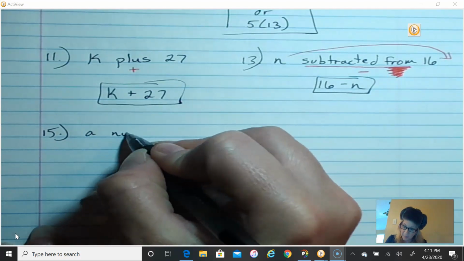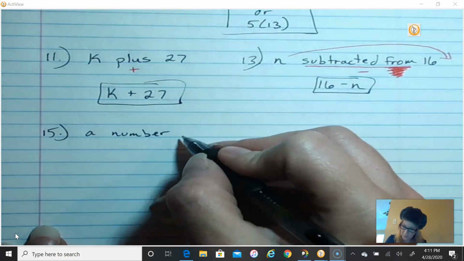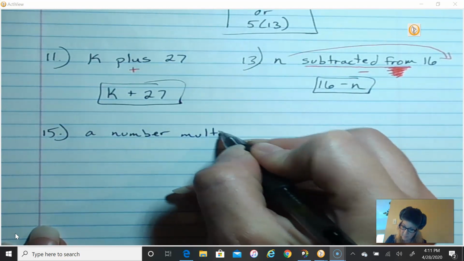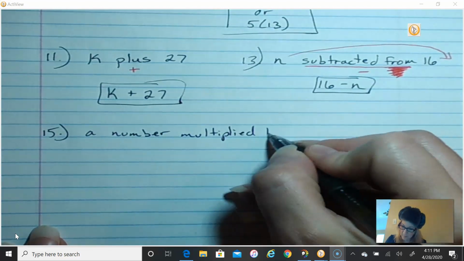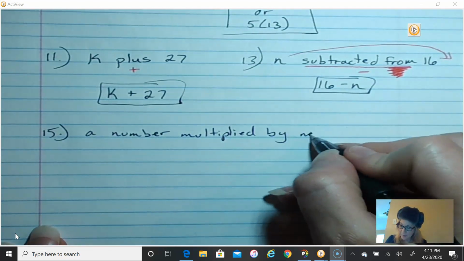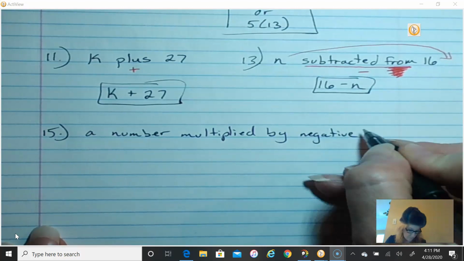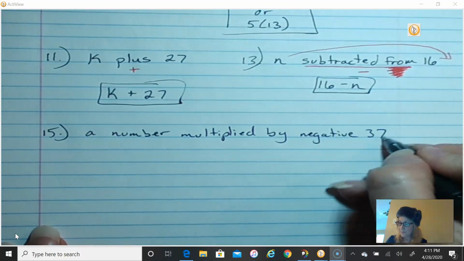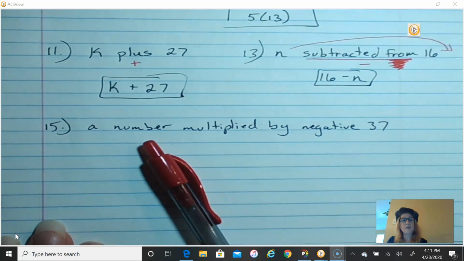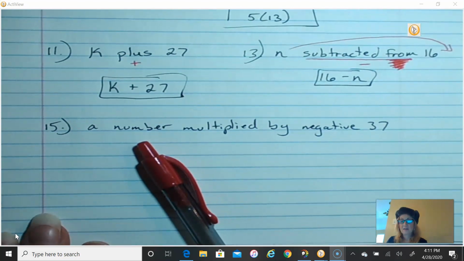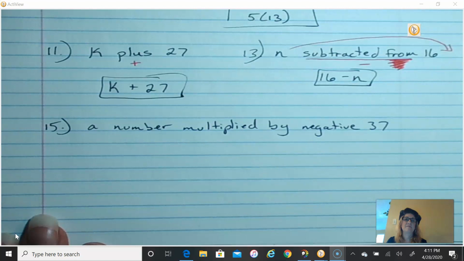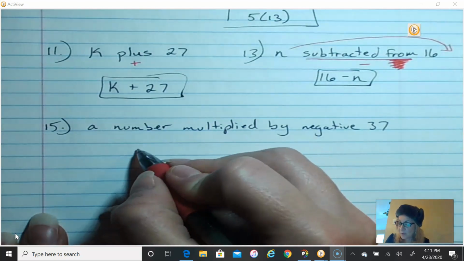All right, a number multiplied by negative 37. Do we know what the number is? So what do y'all want to call it? Let's call it R for Miss Rogers.